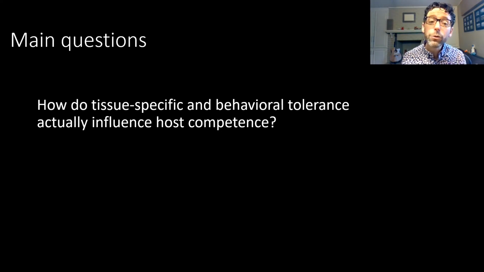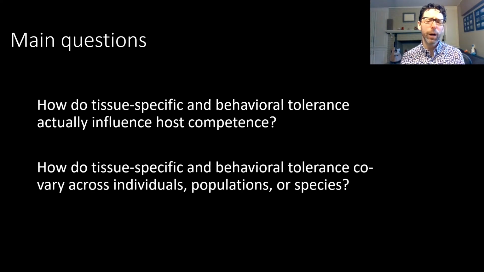So this brings me to two big questions that my lab has been focusing on recently. The first being, how do those types of tolerance actually influence competence? Can we measure that? And then how do they vary across individuals and co-vary across individuals, populations, or species?